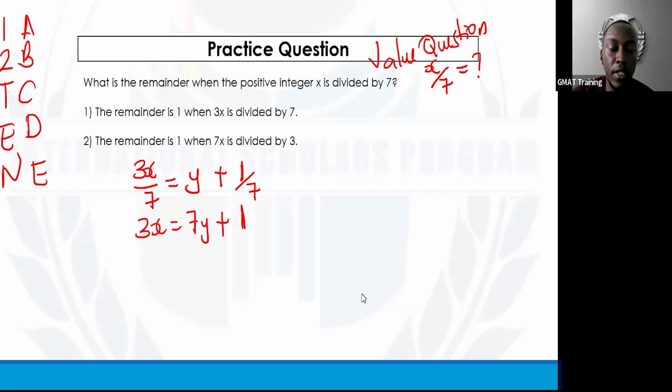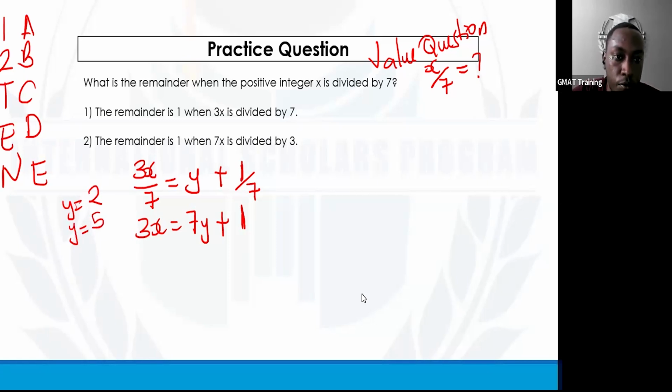So let's find values where x and y are integers. So we can have maybe a multiple of 3. If we say 2, 14, 15. If you say 7, that's 1, 8, so that's not a multiple of 3. So we can have y equals 2 and maybe y equals 5.